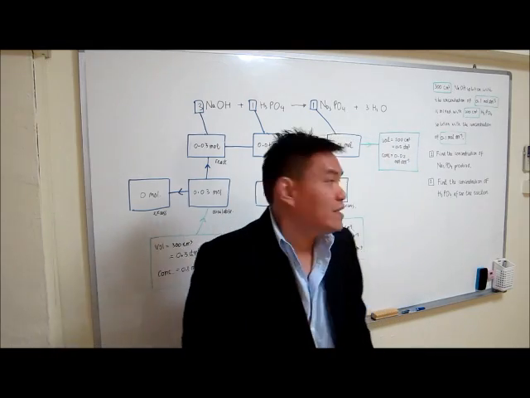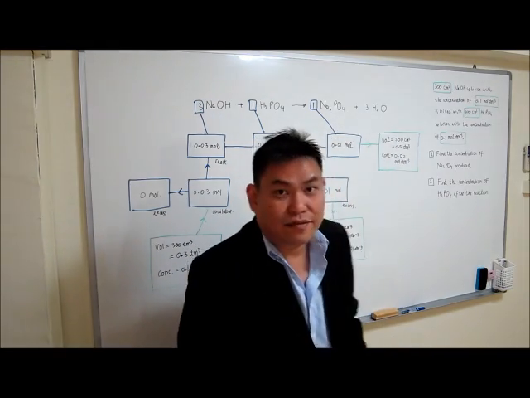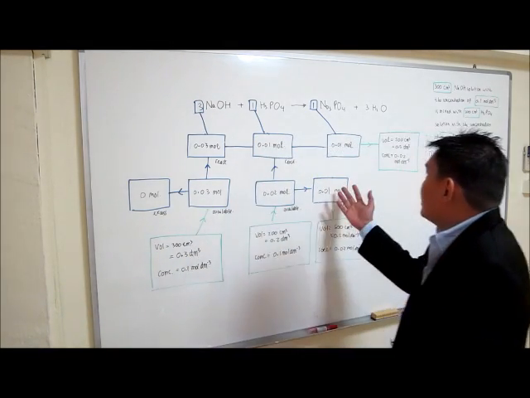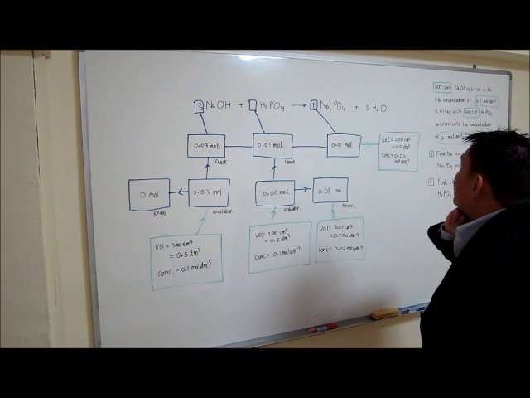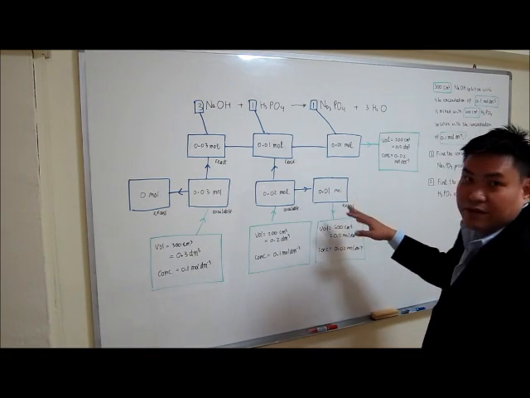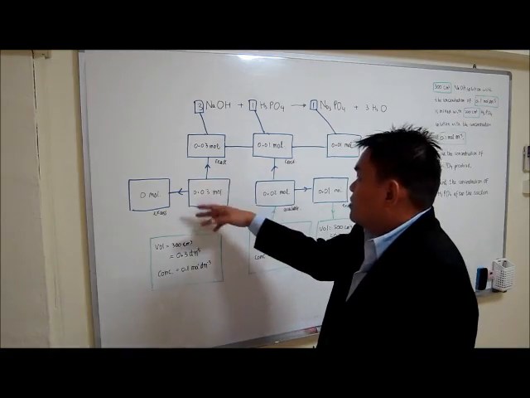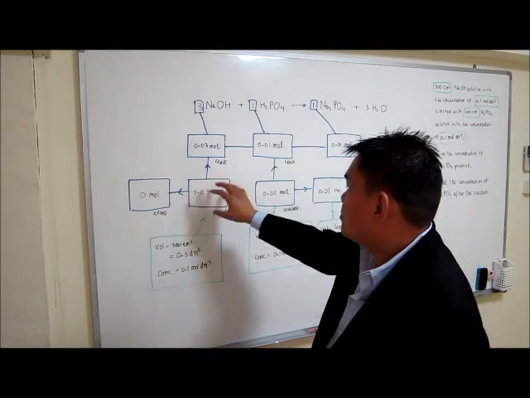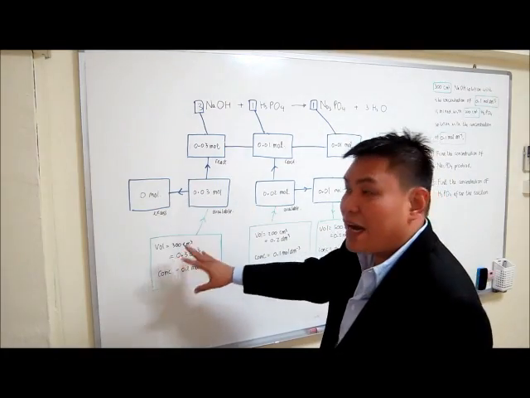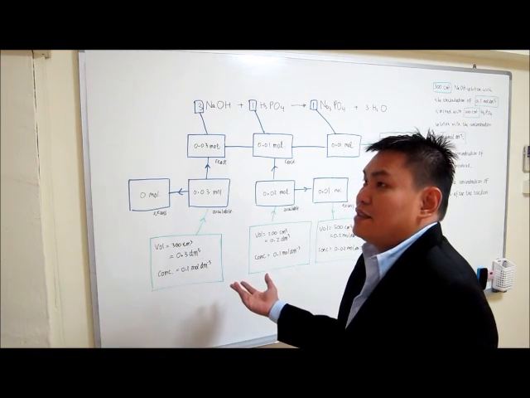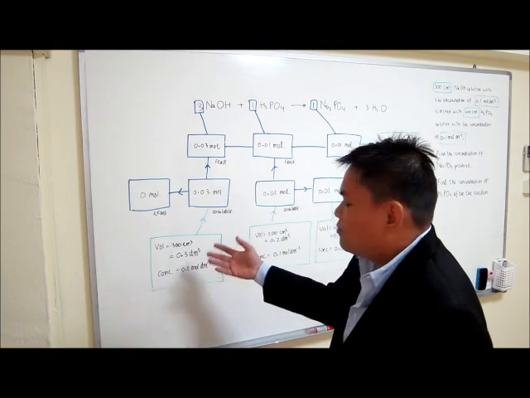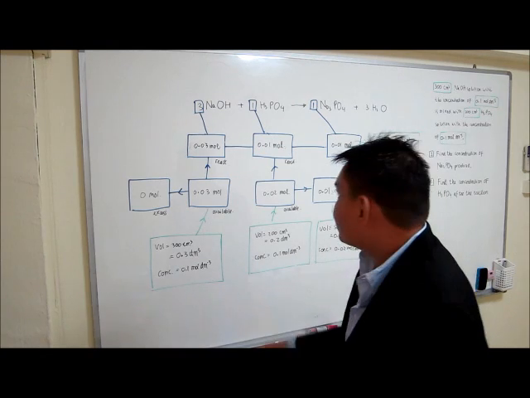Let's revise what we learned today. First, we are using a certain pattern to solve for limiting reagent calculation. We are using blue boxes for mole and green boxes for other unit, volume, concentration, or mass.